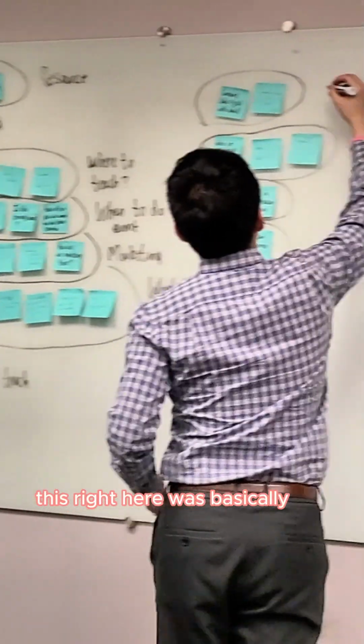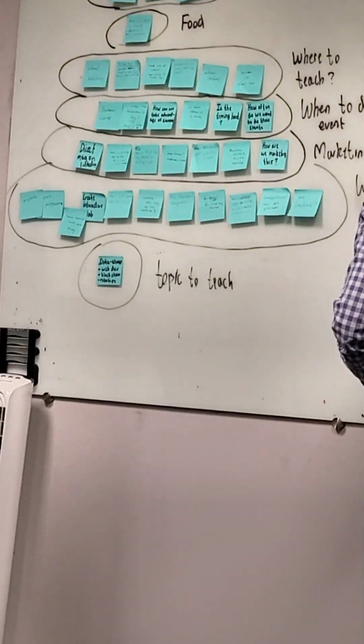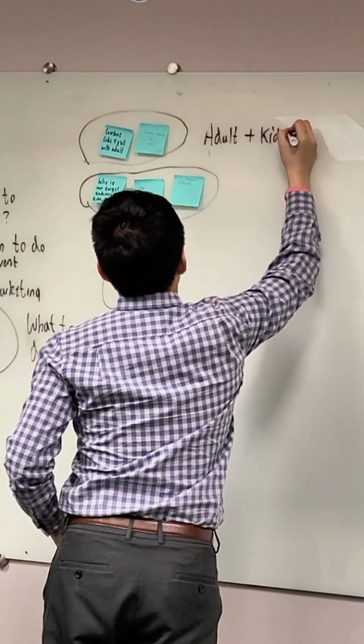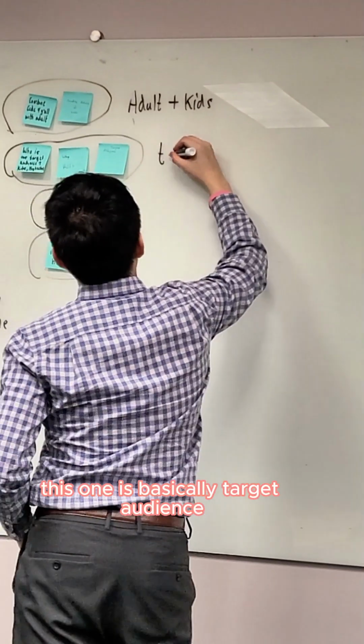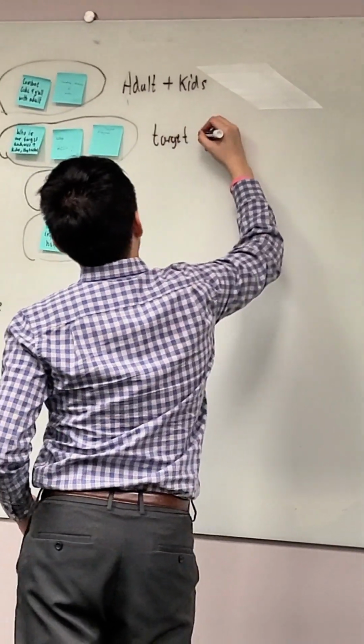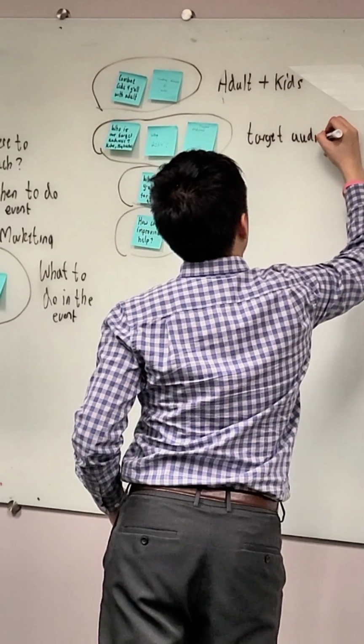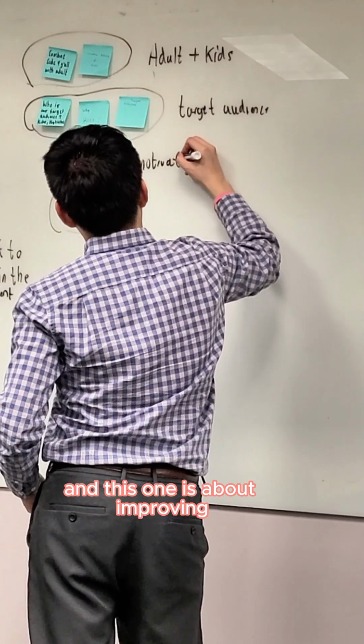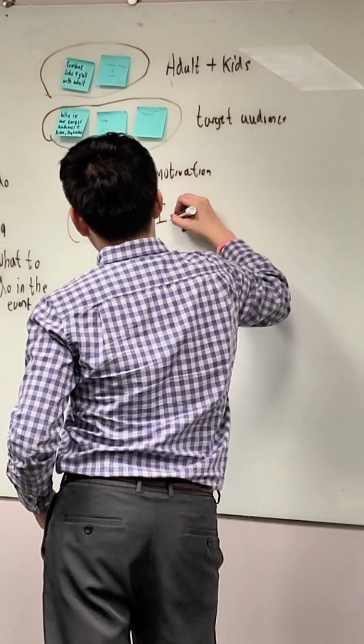This right here was basically adults plus kids. This one is basically target audience. This one is motivation. And this one is about improving helping.